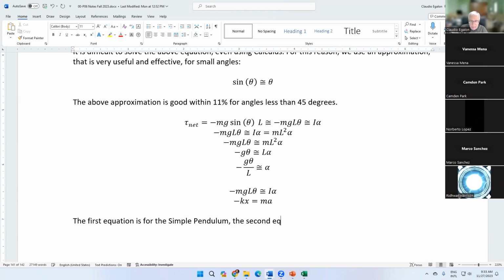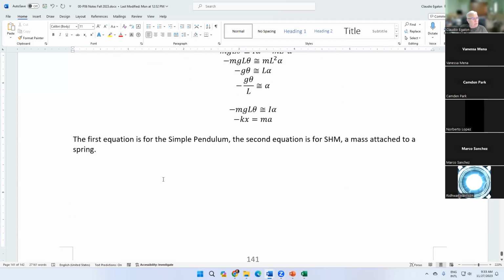The second equation is for simple harmonic motion, a mass attached to a spring. And now we can start looking at what corresponds to what on those two equations, okay?